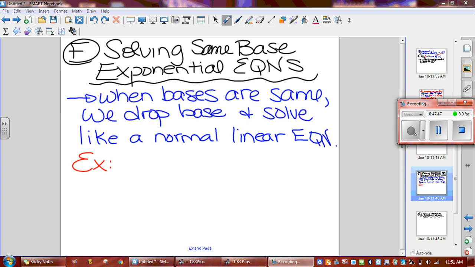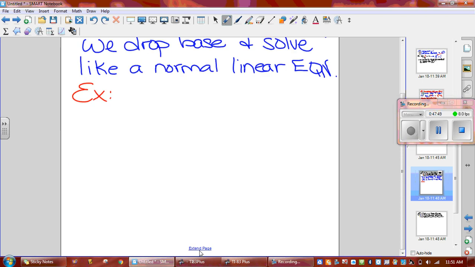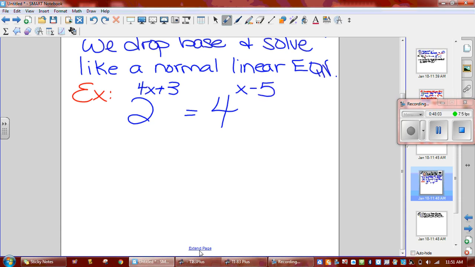Okay, here's our example. Let's have 2 exponent 4x plus 3 is equal to 4 exponent x minus 5. So the first thing we're going to notice, the bases are not the same.